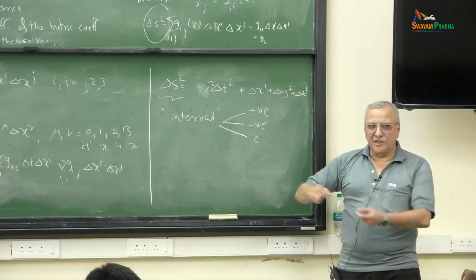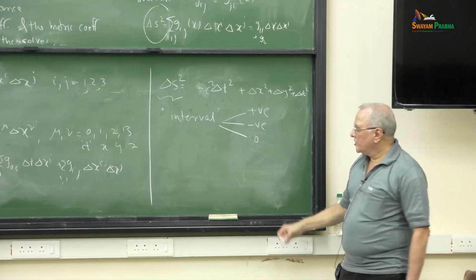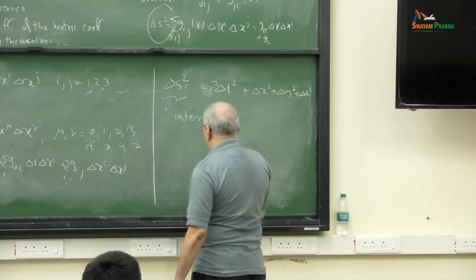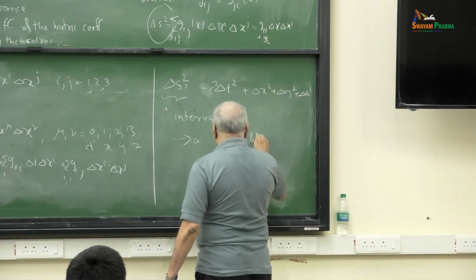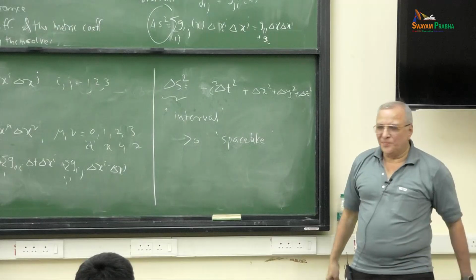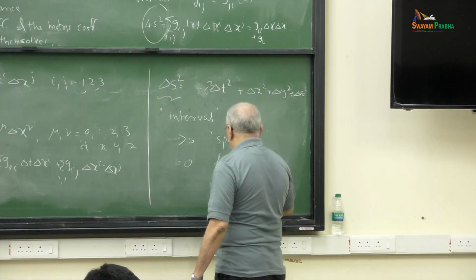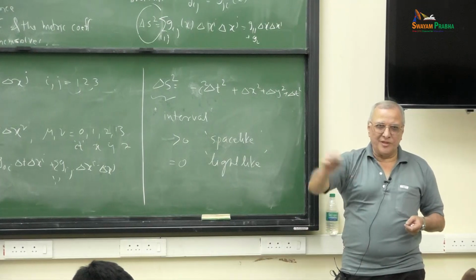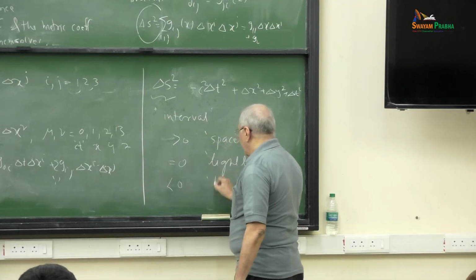Unlike the previous case where distance between two points was always positive or 0, this can be positive, negative or 0. When is it positive? This is called space-like. So this interval is space-like, for obvious reason, it looks like space, it's positive. If it is equal to 0, it's called light-like, because you are talking about the light travel time. And if it is less than 0, it's called time-like.